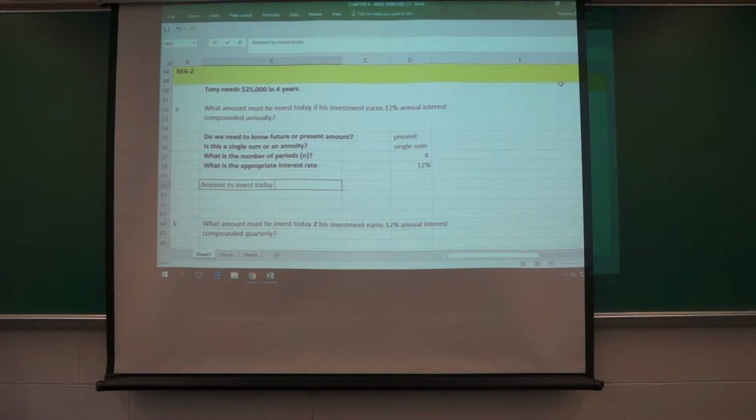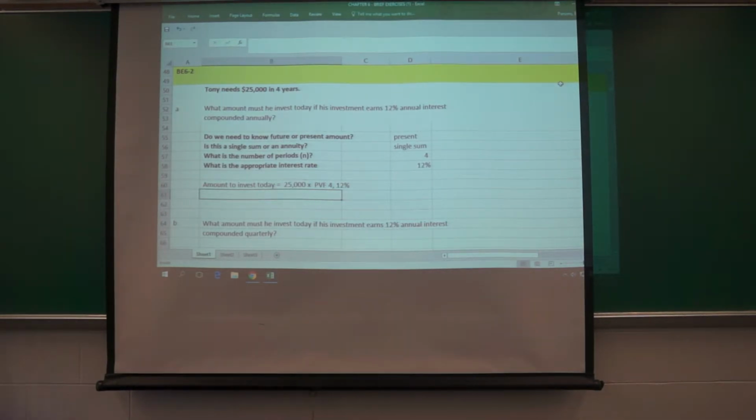And sometimes it's easier just to write these out so that they make sense to you. It's going to equal that 25,000 times a present value factor of 4 periods at 12%. Okay? So that's kind of setting up the problem there.